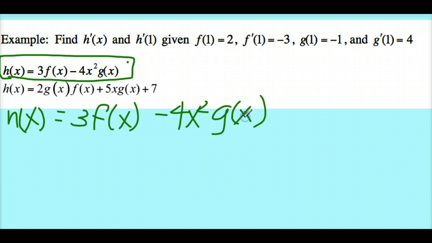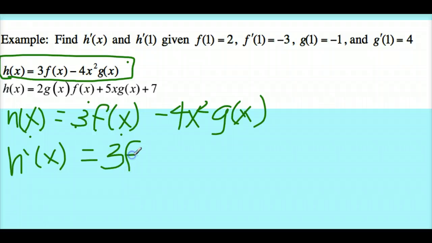So according to this, I need the derivative of h of x, which is h prime of x, equals, what rule can I use for this first term? I have 3 times f of x, which is the same as a constant multiple, because is there a variable attached to this 3? No, it's just a constant coefficient. So I can say this is 3f prime of x, because I know the derivative of f is f prime.